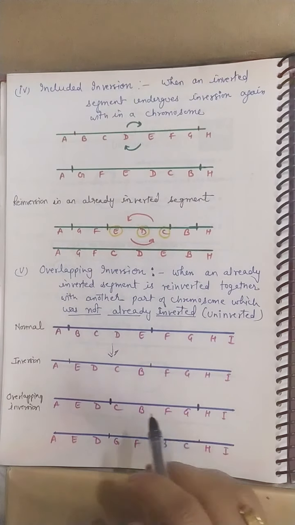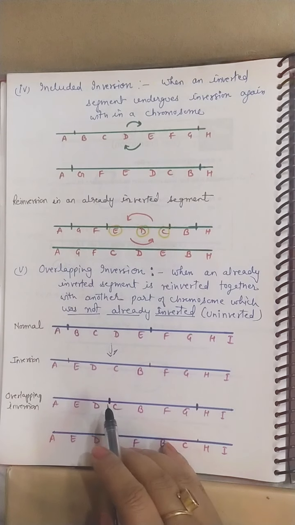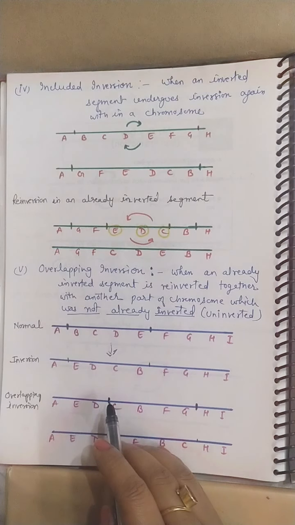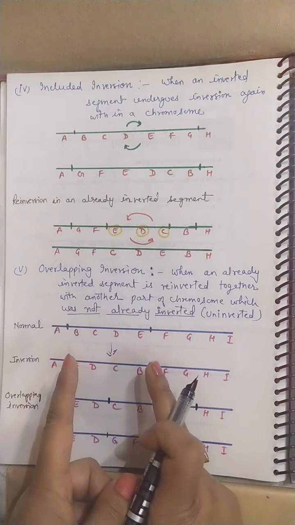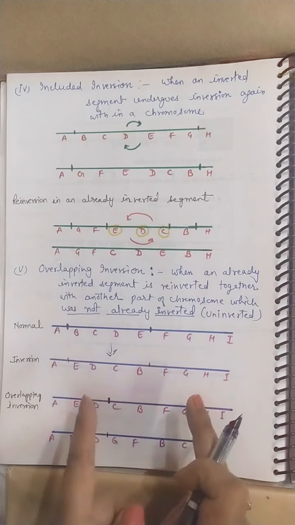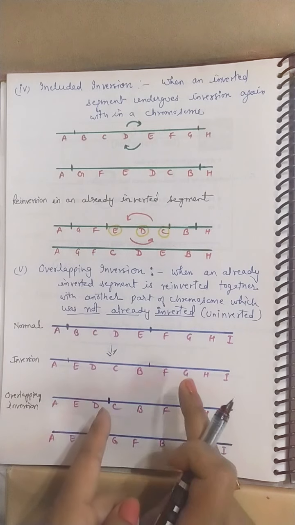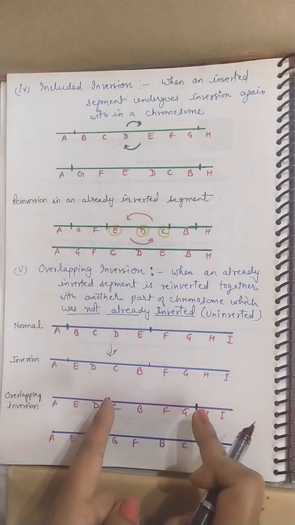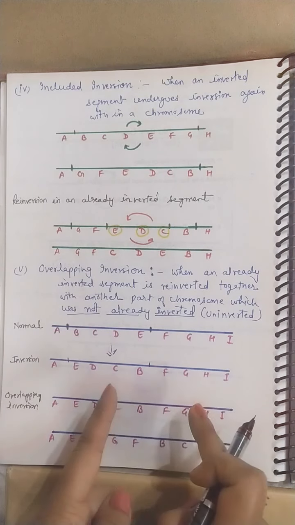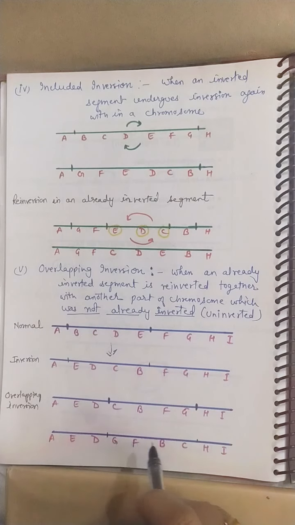But again an inversion happens having inversion points lying between the already inverted segment and the uninverted segment. Now these 2 points are lying between this inverted segment and this non-inverted portion. This will again rotate by 180 degrees and this inversion will be called an overlapping inversion.